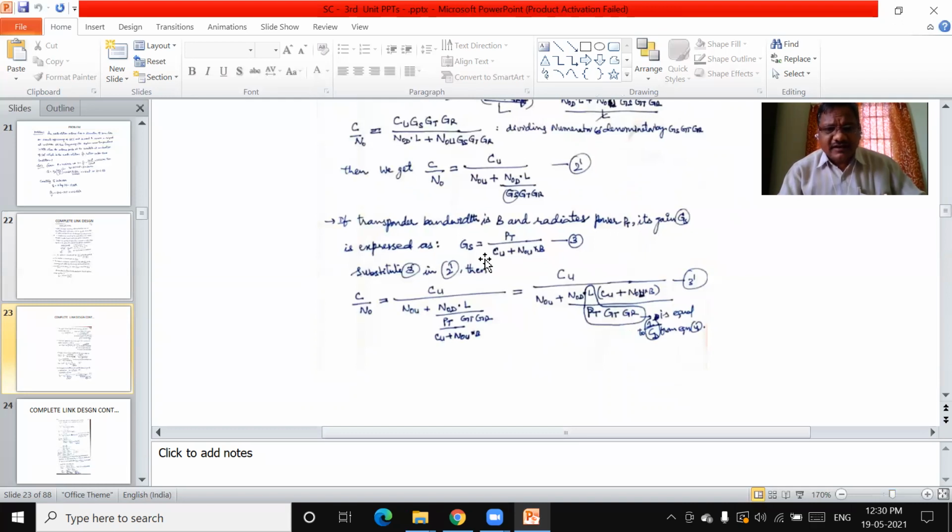Let us say the transponder is in the satellite. Assume that the transponder bandwidth is B and the transponder radiates the power PT, and the gain of that antenna, the satellite transmitting antenna gain, is GS.